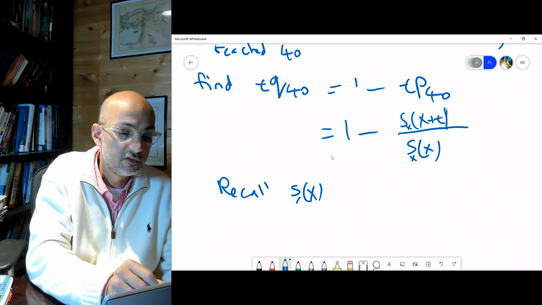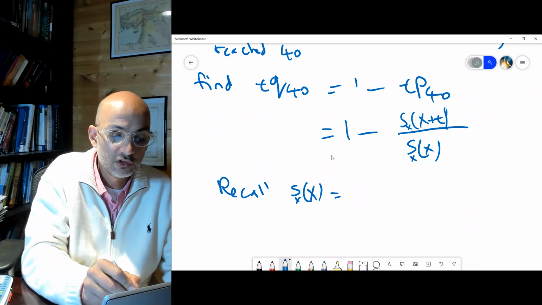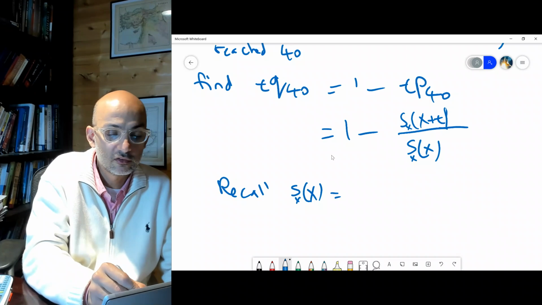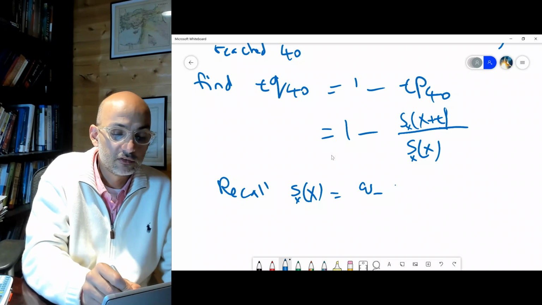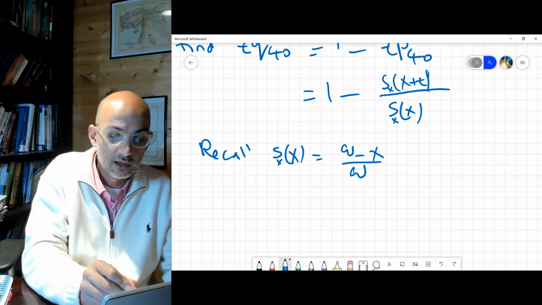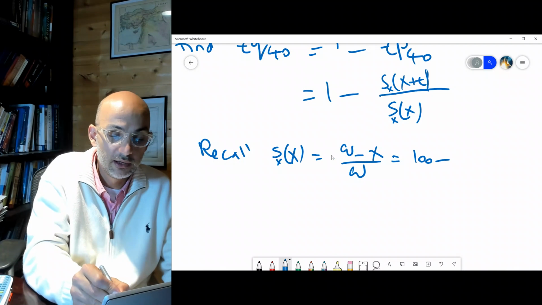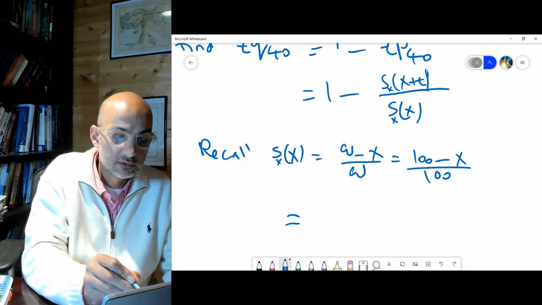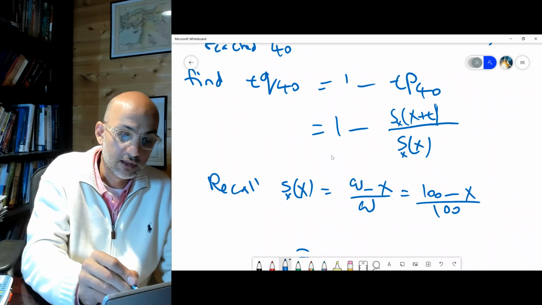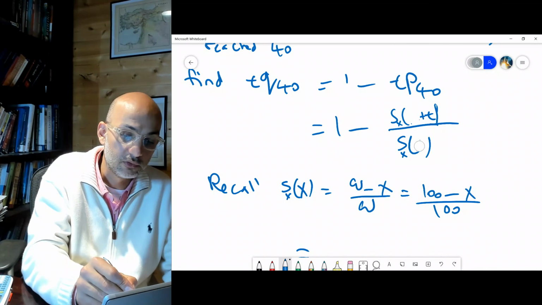For a uniform distribution, s of x is omega minus x divided by omega, and our omega here is 100, so 100 minus x divided by 100. Now we replace x with 40.